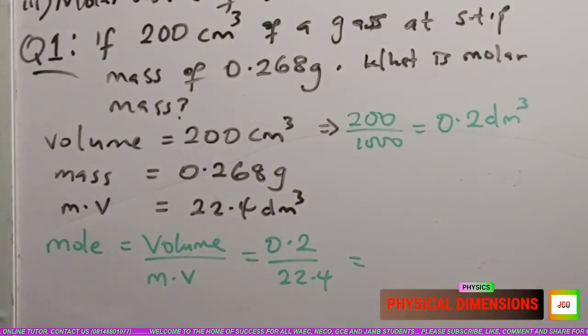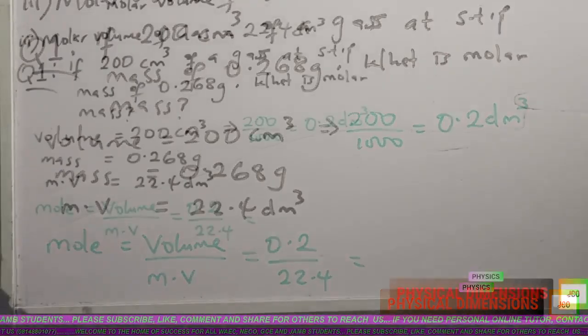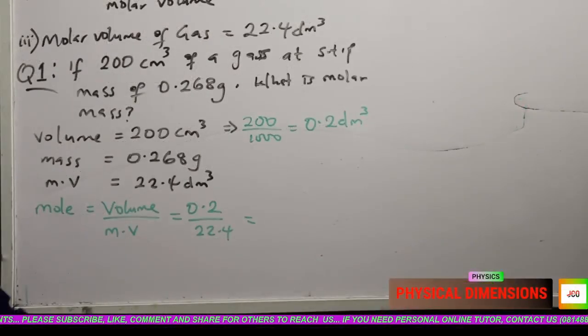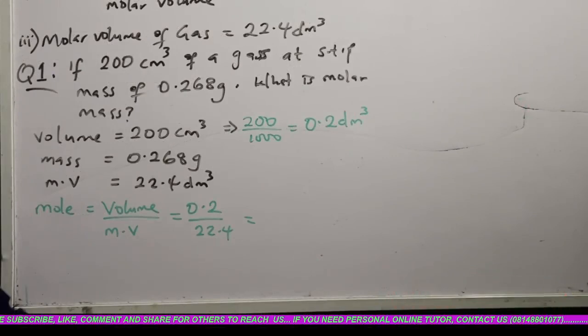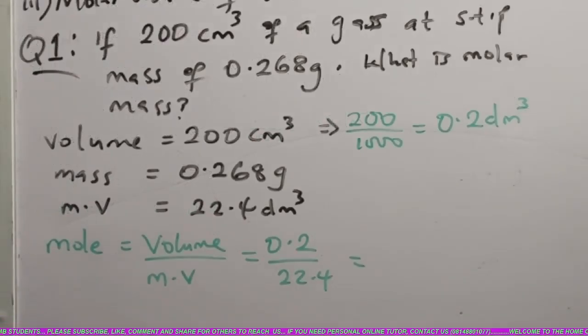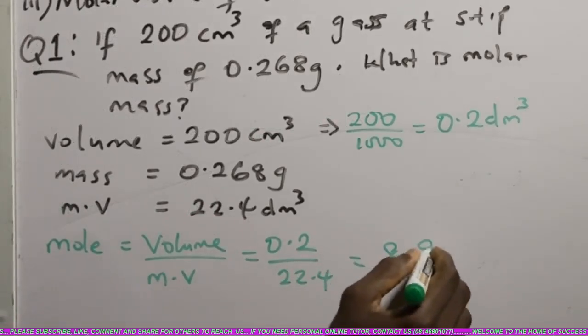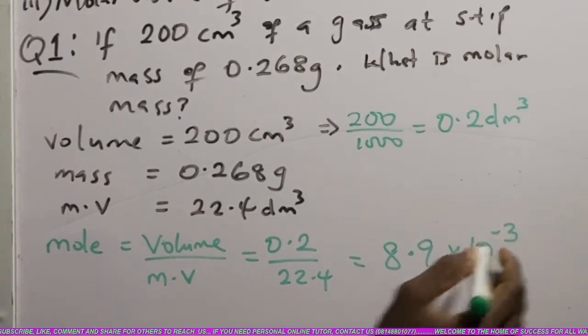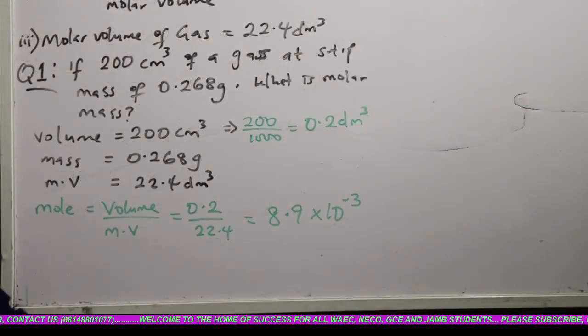This is going to be a long class, so we're going to take it gradually for understanding. 0.2 divided by 22.4 gives you 8.9 times 10 raised to power minus 3. That is the mole I got there.